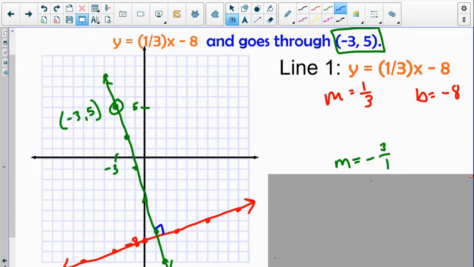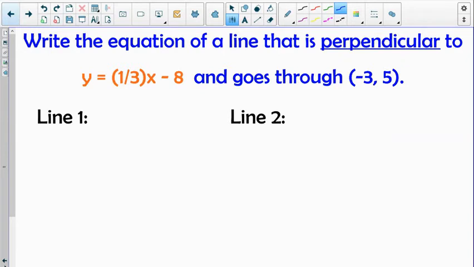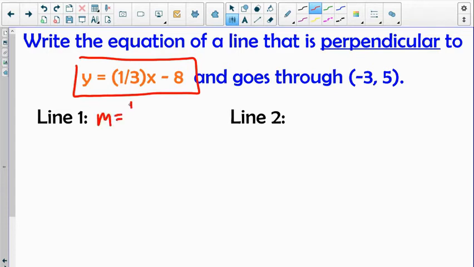So let's go back to the algebra. This is just to give you a visual idea of what we're trying to do. We're starting with this equation, y equals 1/3 x minus 8. So this would be a good thing to put in your notes. We see that the slope is 1/3. The y-intercept is -8.